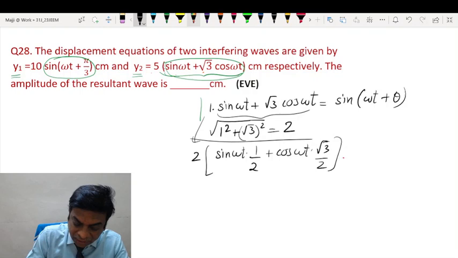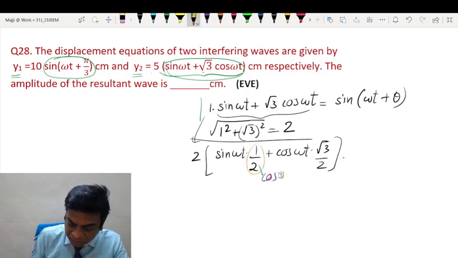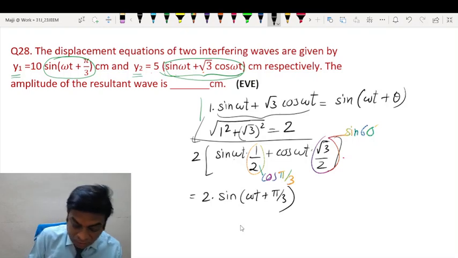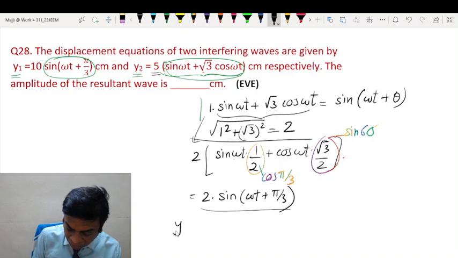Now as you can see, this is actually cos 60 degree, and this is actually sin 60 degree. So therefore I can immediately write this using sin A cos B plus cos A sin B is sin of A plus B. So y2 is 5 times of this.